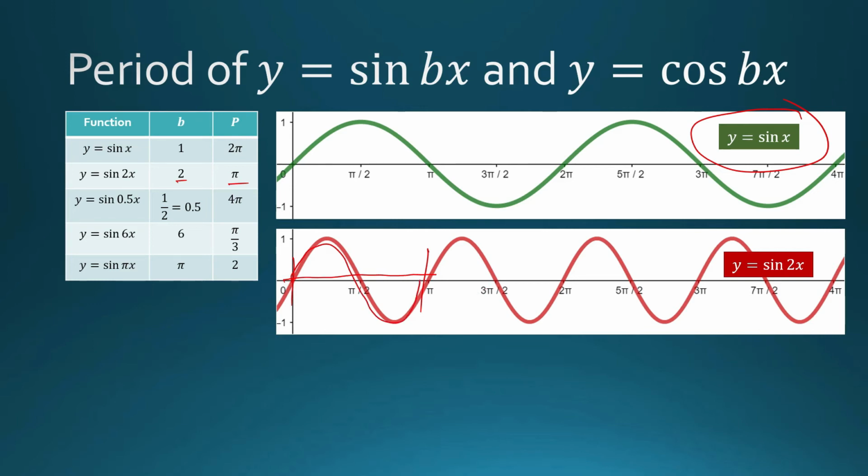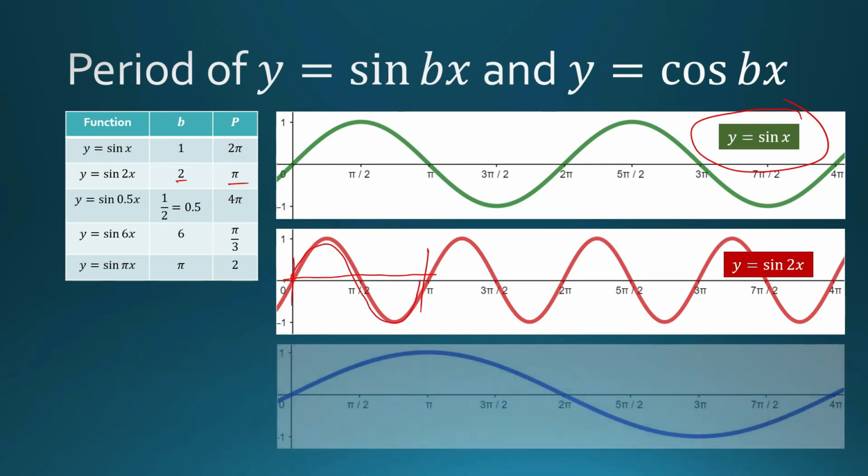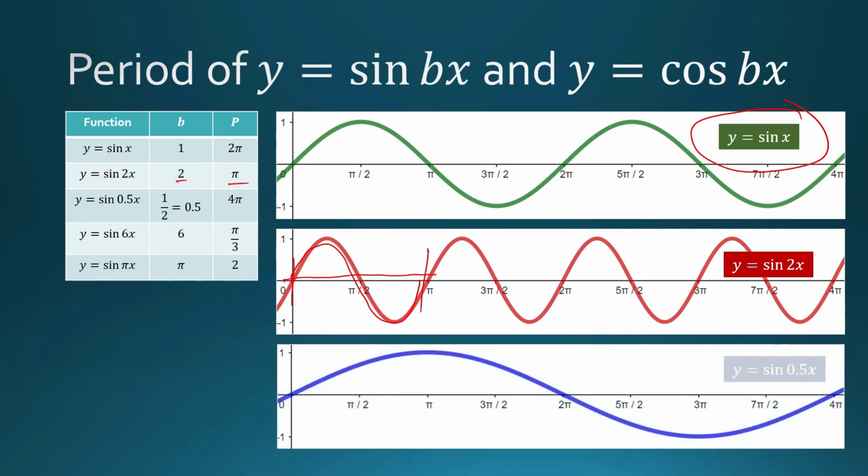Now let us compare that with a function defined by y is equal to sine of 0.5 times x. B is 1/2.